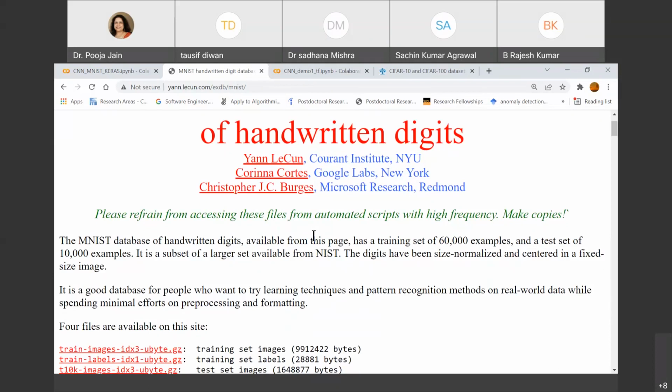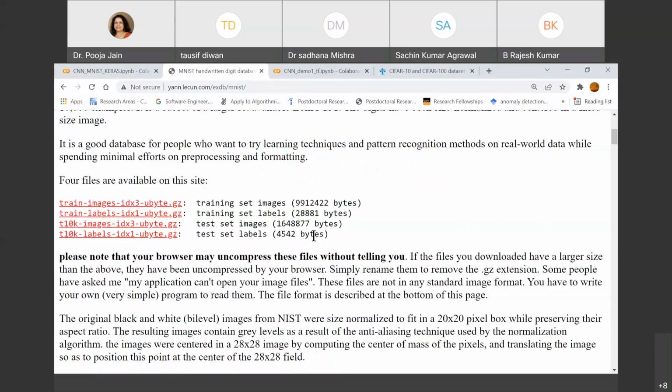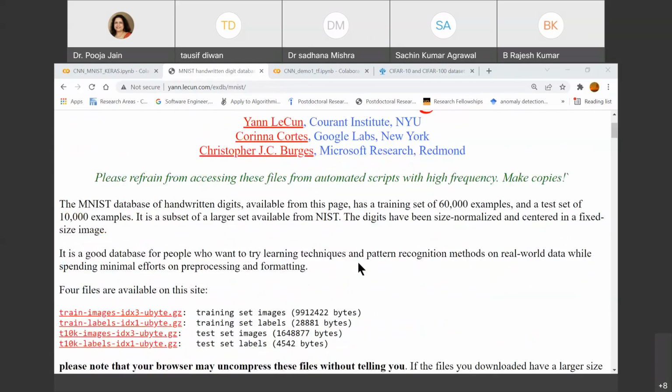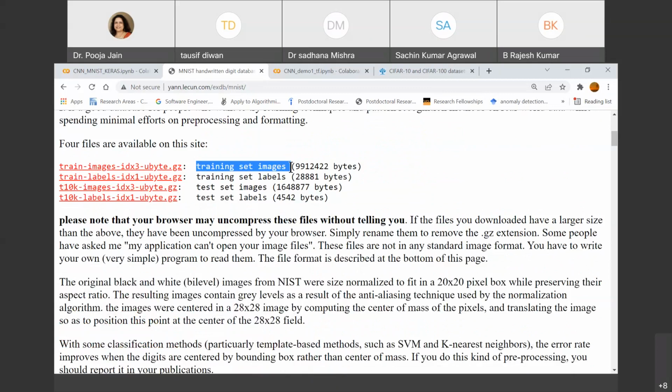This data is divided into 4 files. The first one is the training set images. Just see, these are the images and the corresponding labels are stored here, the training set labels. 60,000 images are stored here and the 60,000 labels are stored in the second file. Then the test set images are stored in the third file.